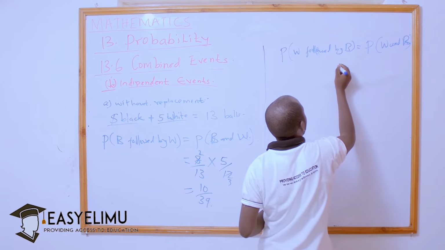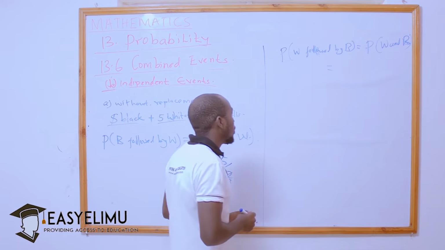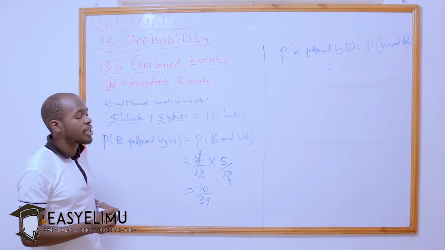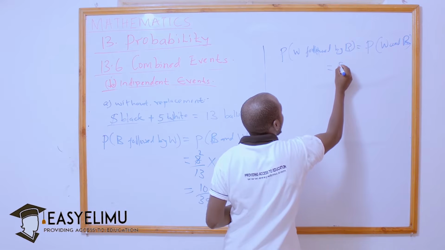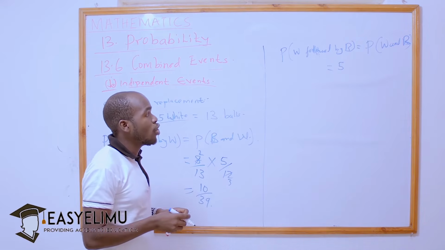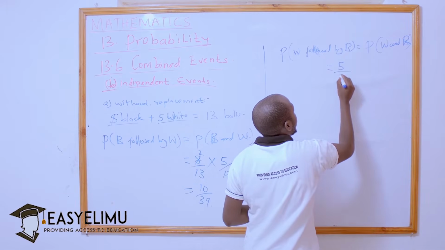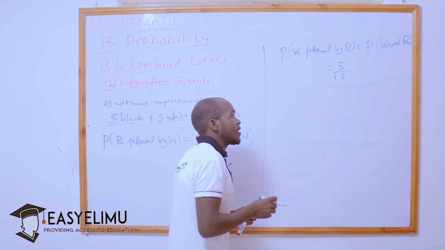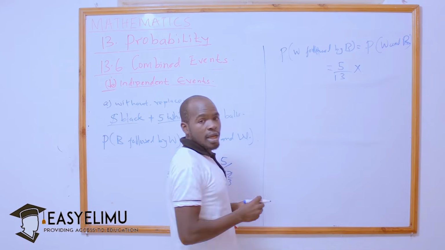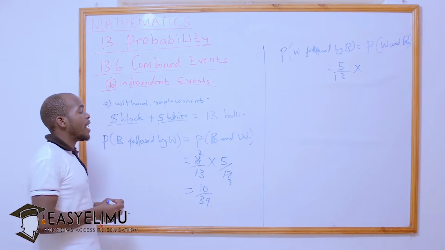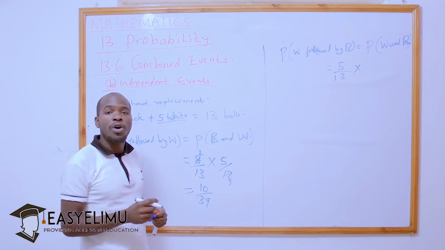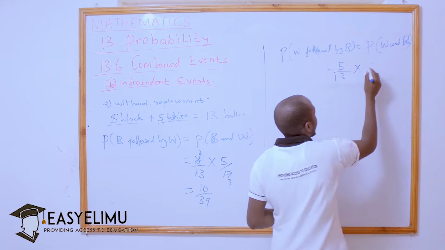The probability of picking a white ball from a total of 13 balls will be the number of favored outcomes of white balls, which is 5, over the total number of balls, that is 13. We shall multiply by the probability of picking a black one, which is 8.